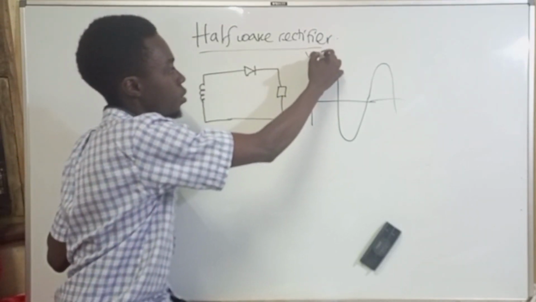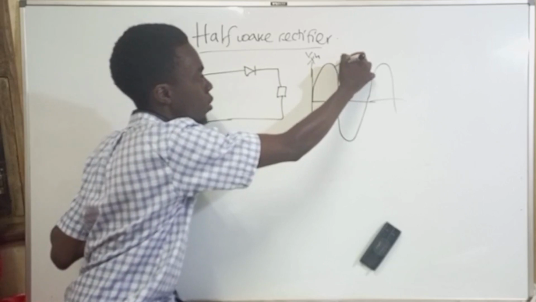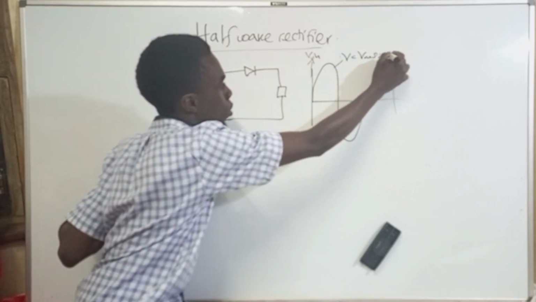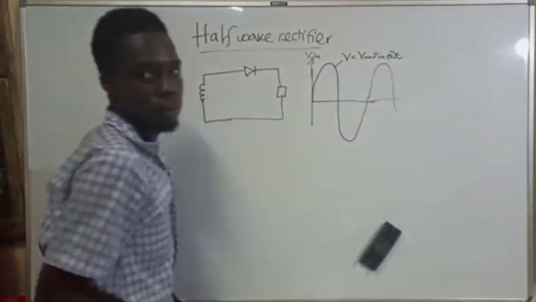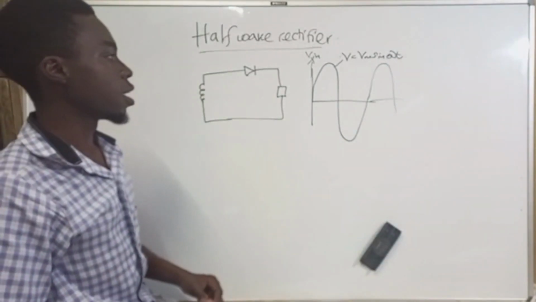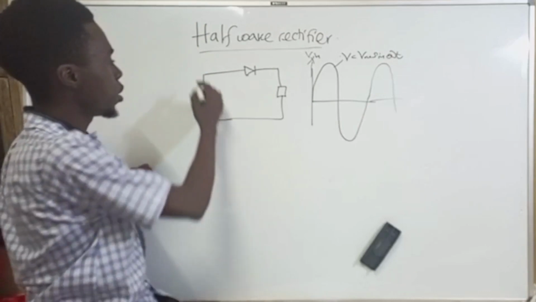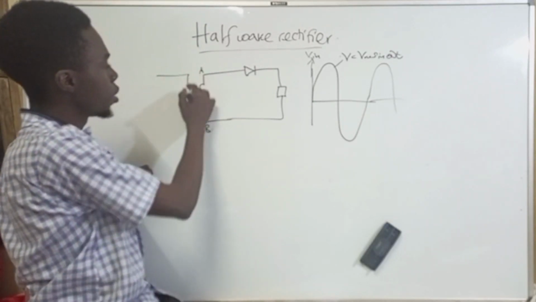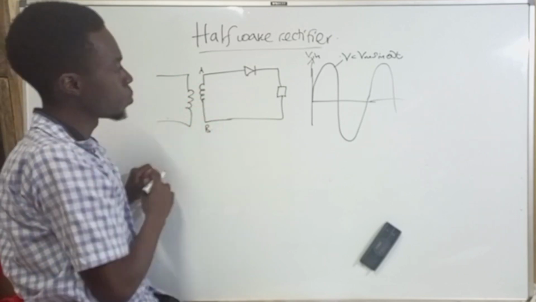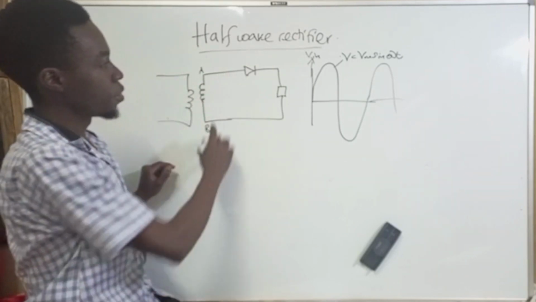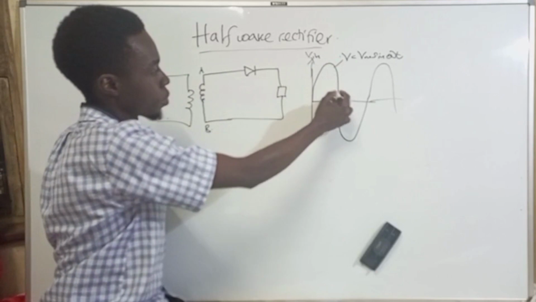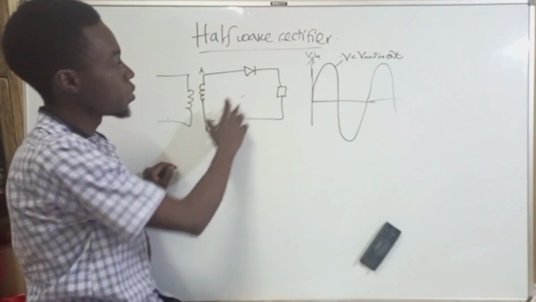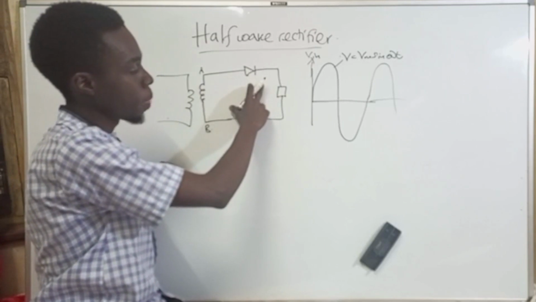This is my input, which is V equals V max sine omega t. As you can see clearly, this input here, let me say this is end A and this is end B. The working principle is simple. During the first half cycle, when end A is positive relative to B, we realize that the diode is going to be forward biased.